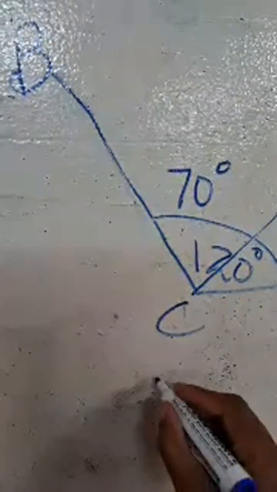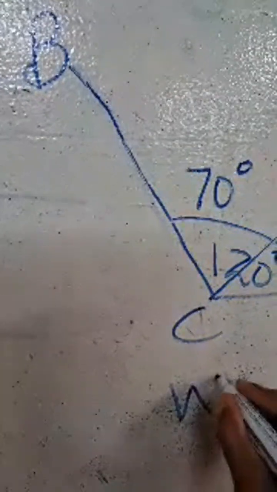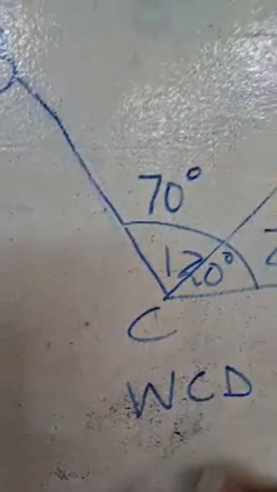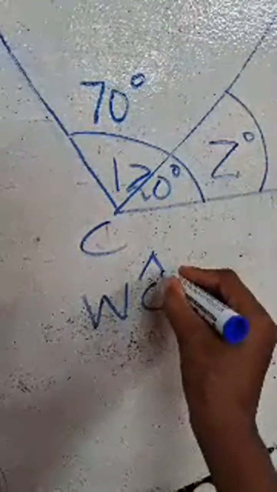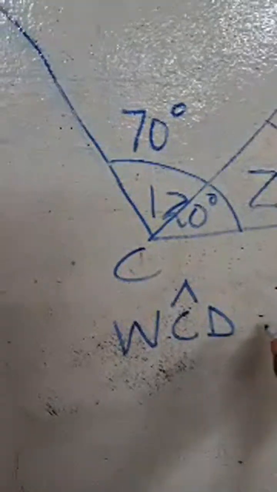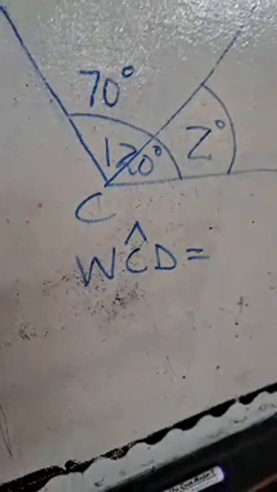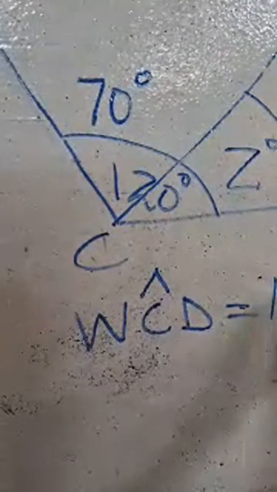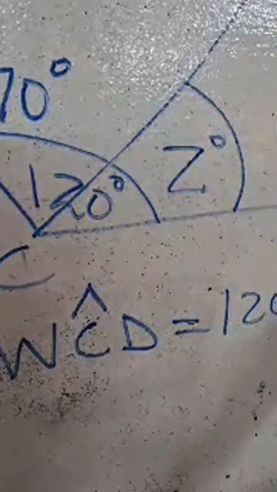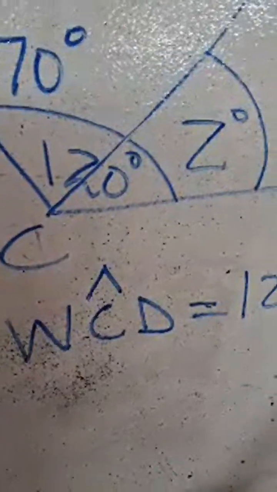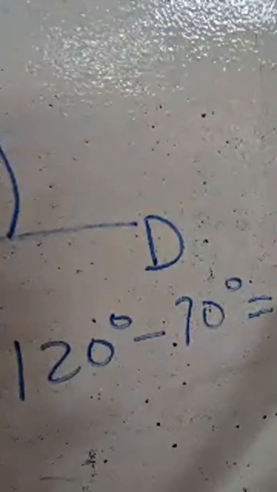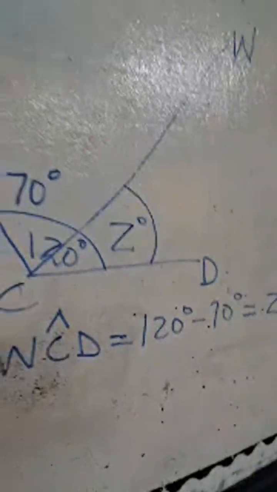So here we want to find angle WCD, and that's how you write it, with the angle in the middle. So we have 120 degrees minus 70 degrees, and that is going to give us angle Z. That's the formula that we're basically using.